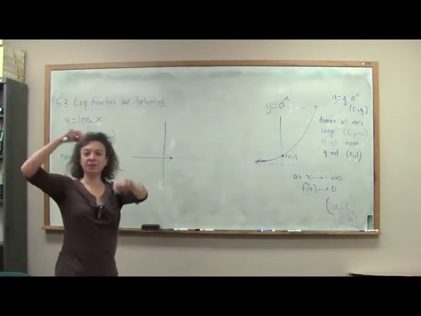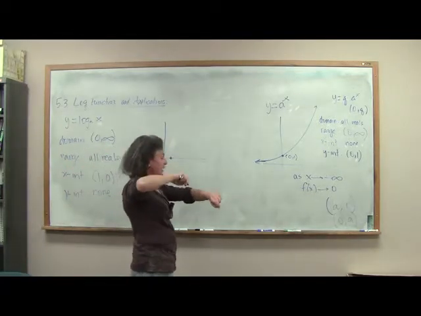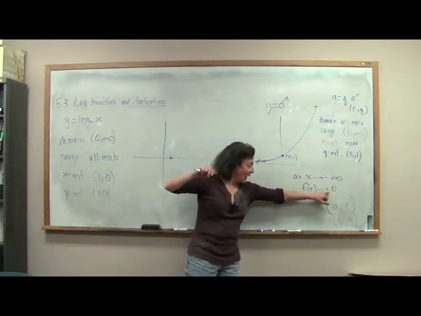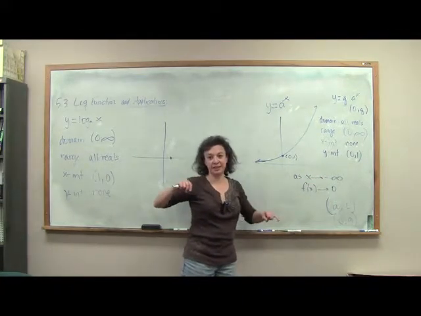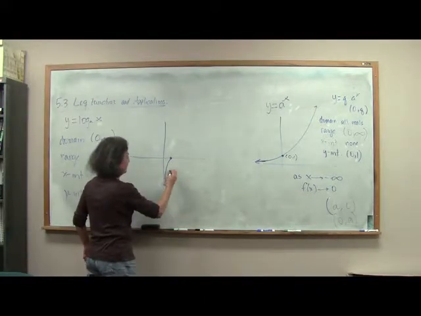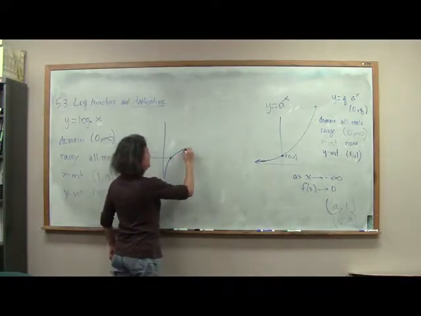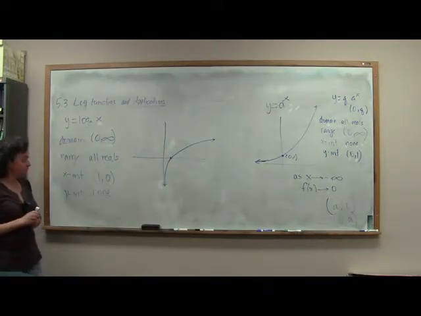So now let's reverse that for the inverse. In other words, for my inverse, as x goes to 0, my function values are going to get really small. And then you'll see as you plot points that that's how your function grows.